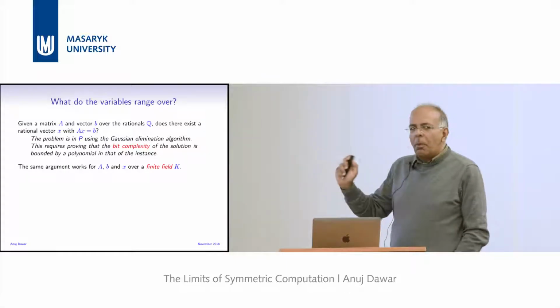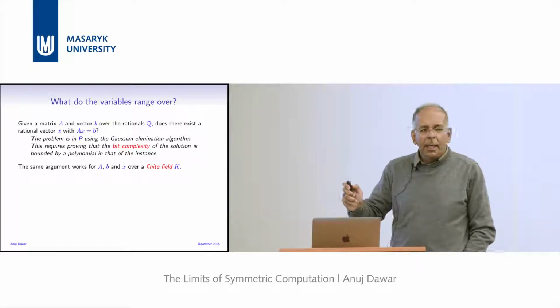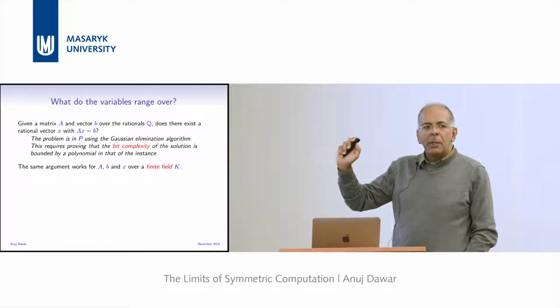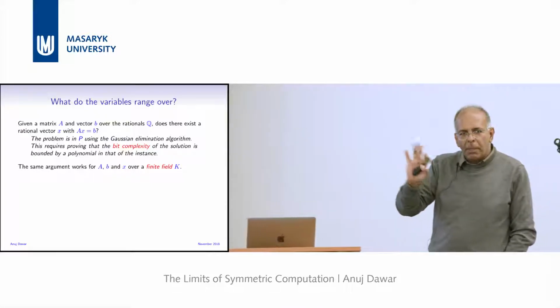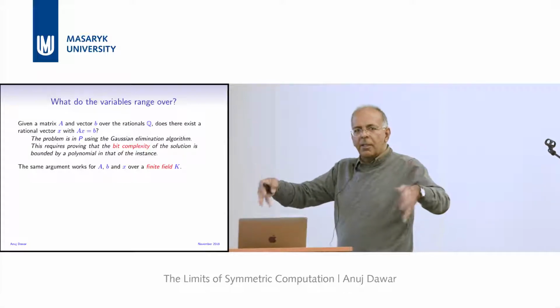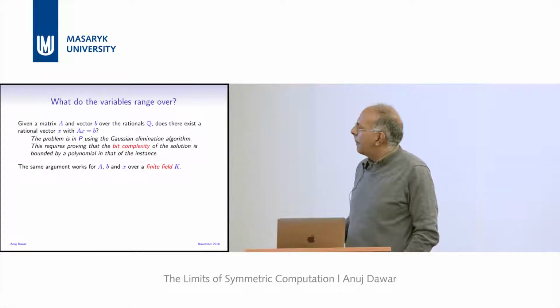But for me, the more important thing is that the same argument will work if you replace the rationals with some finite field k, right? And then everything about bit complexity disappears because now the size of the field is a constant, and the same argument works.